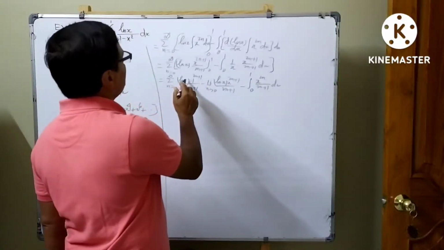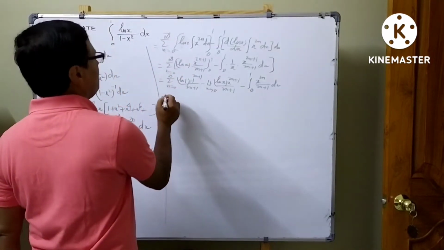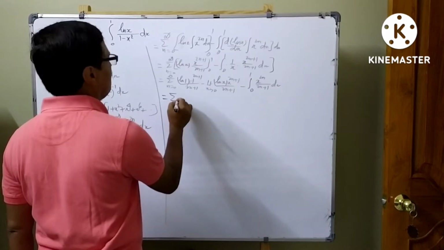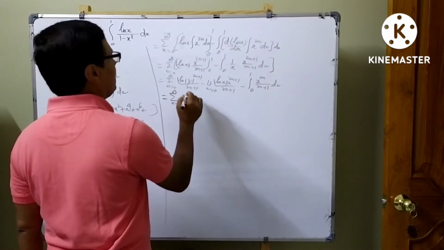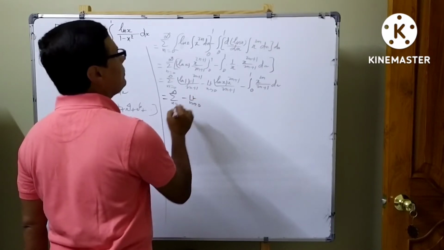Now this part vanishes because natural logarithm 1 is 0. So this expression is summation n equal to 0 to infinity, minus limit x tends to 0.